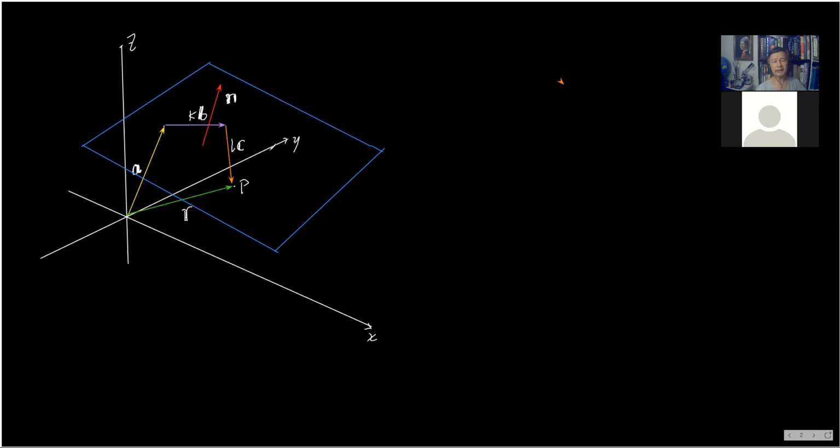Because both B and C are on the same plane, right? So this time you can use the cross product property to make your point. So the cross product of B and C, what is the direction of B cross C?